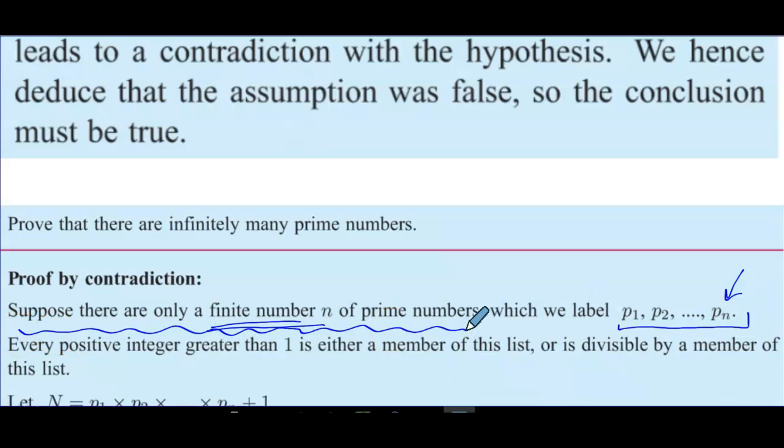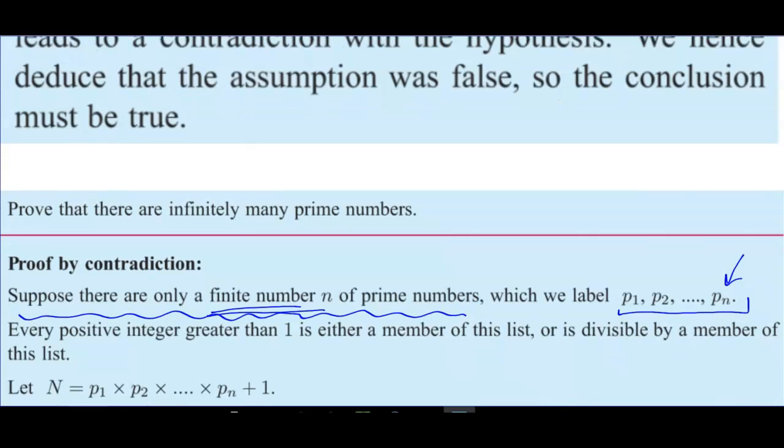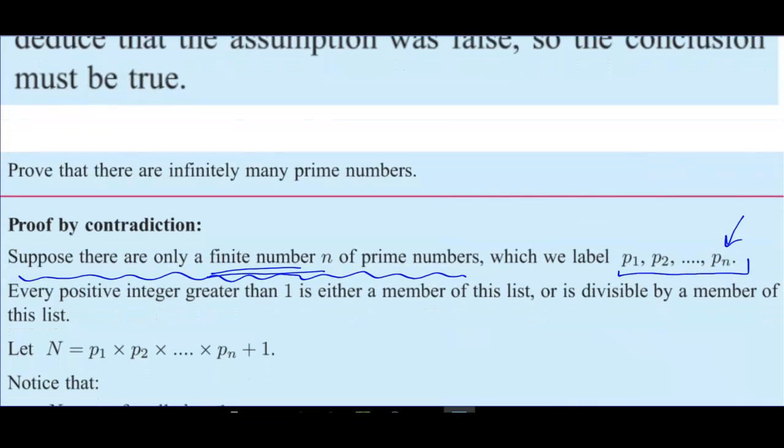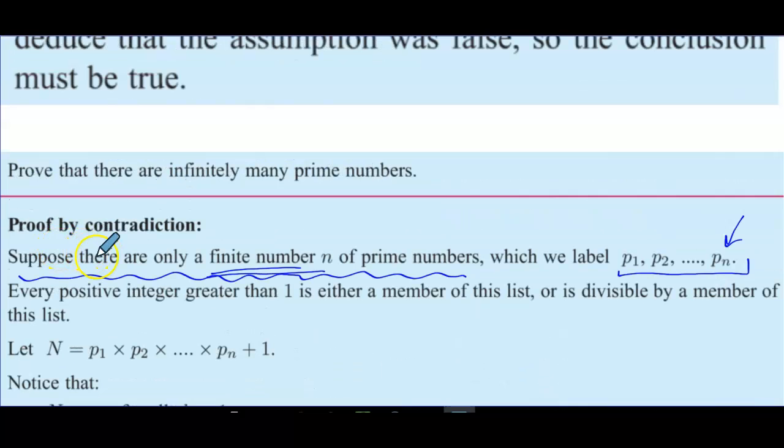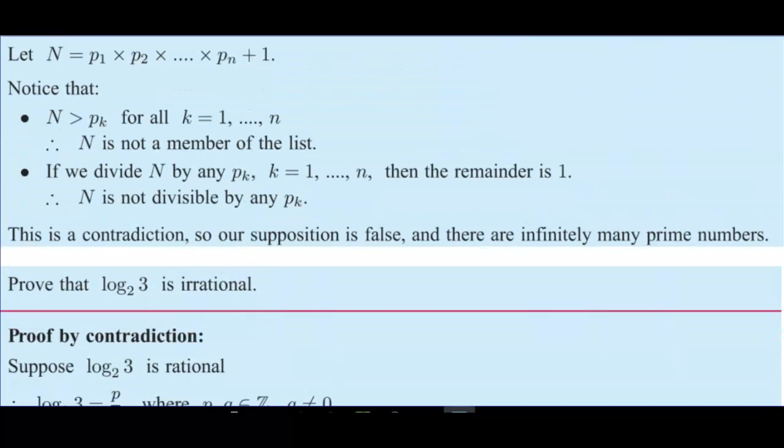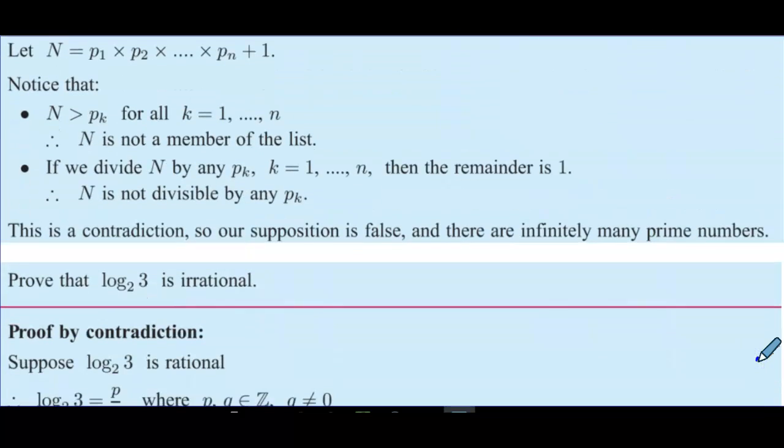So now from the opposition, we have to take step-by-step logical steps. Well, great. Every positive integer greater than 1 is either a member of the list or divisible by a member of the list. That makes sense. All right, so capital N, now what we're going to do is multiply all of the prime numbers together. So 2 times 3 times 5 times 7 times 11 times 13, all those.